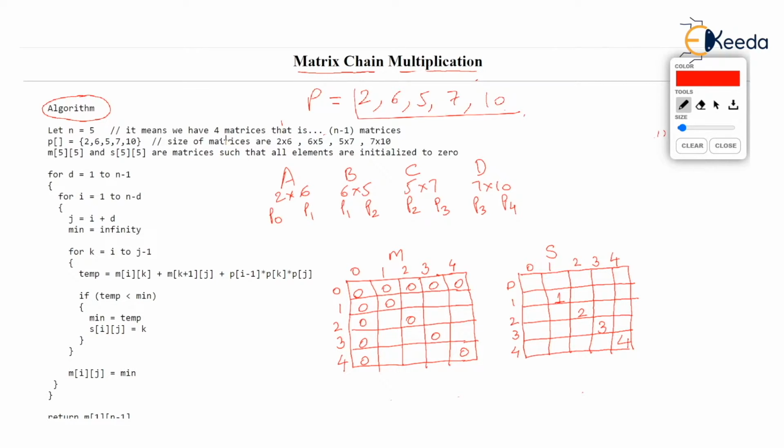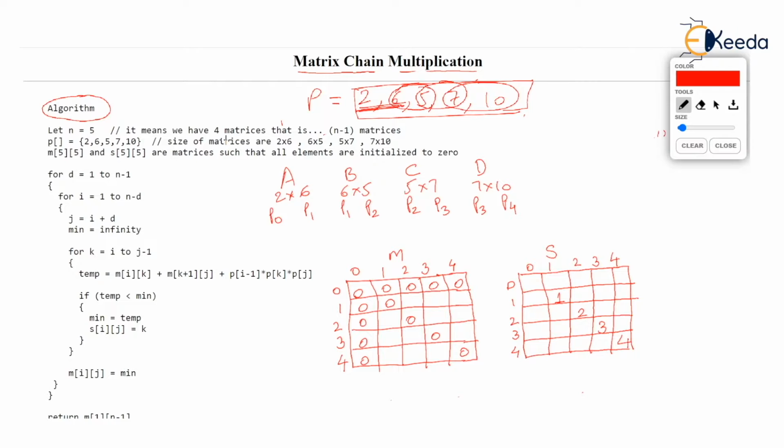That means the first matrix A is 2 by 6. Check this, the dimension of A is 2 by 6, whereas the second matrix B is 6 by 5. Third matrix C is 5 by 7, and fourth matrix D is 7 by 10.